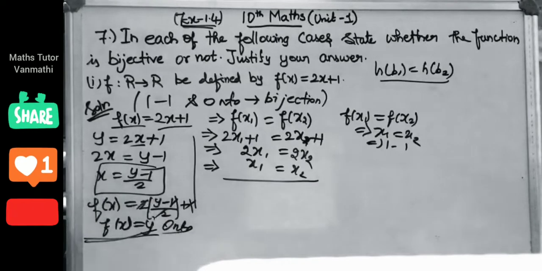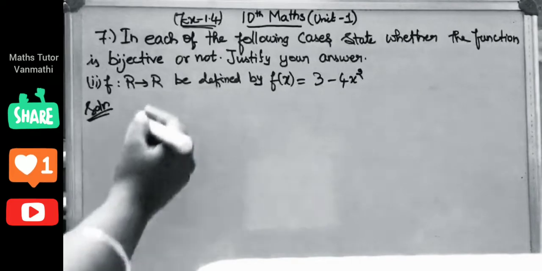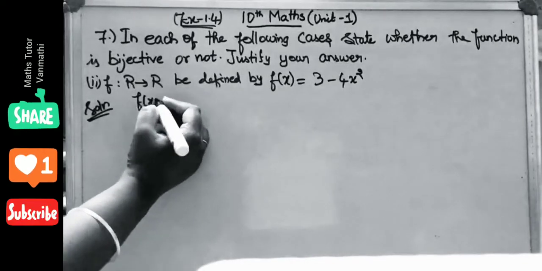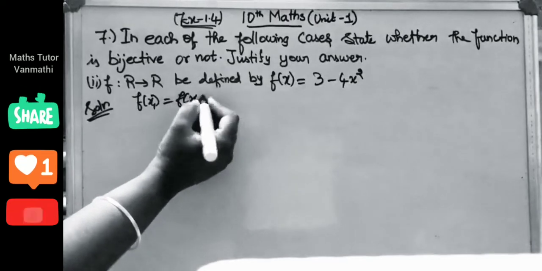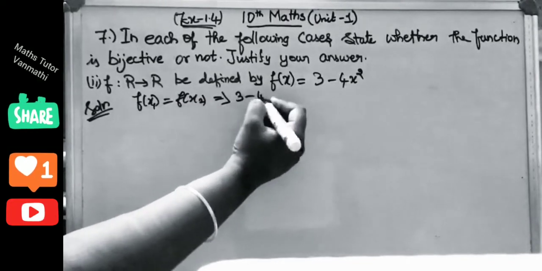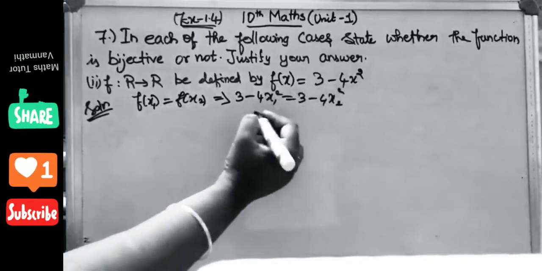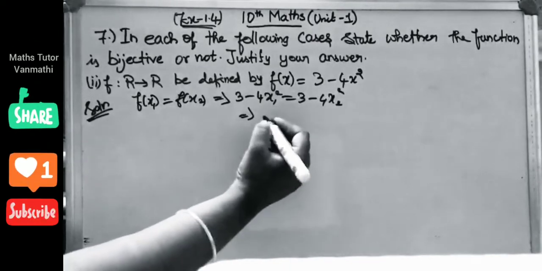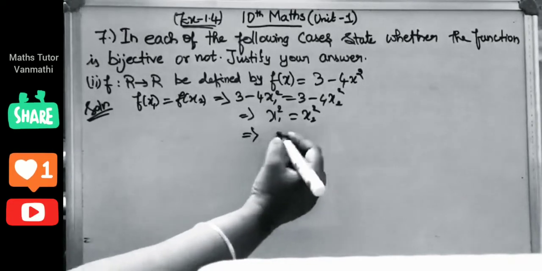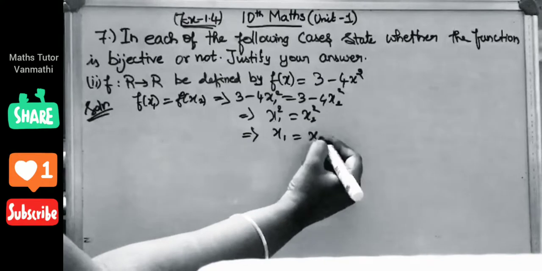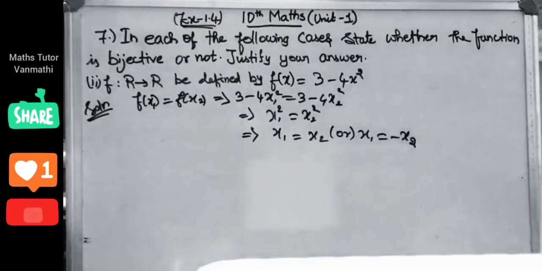For the second subdivision, f of x equal to 3 minus 4x square. Like the first subdivision, we are going to follow the same steps. First, to check the one-to-one condition, f of x1 equal to f of x2 implies 3 minus 4x1 square equal to 3 minus 4x2 square, which implies x1 square equal to x2 square, which implies x1 equal to x2 or x1 equal to minus x2.